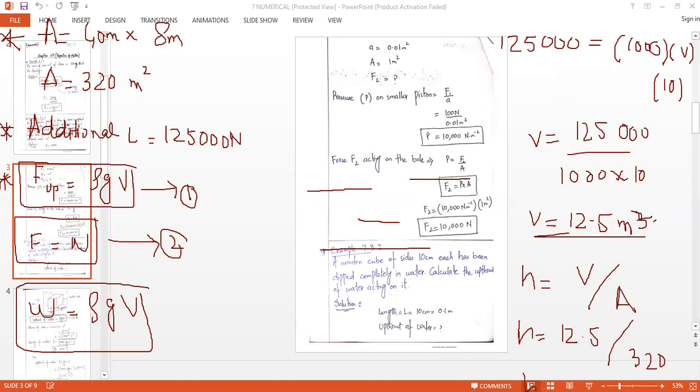So H equals 0.04 meters, which equals 4 centimeters. This is the method to find this. The complete procedure: to find H, we first compare the two equations of forces, so we find a relation, then we find the value of volume, and H equals V by A. From this relation we find the value of H.